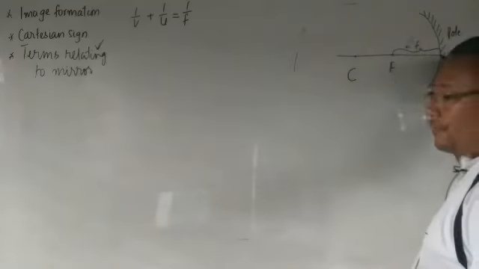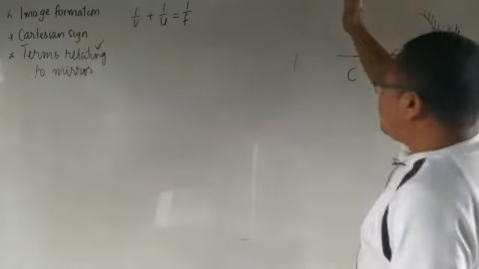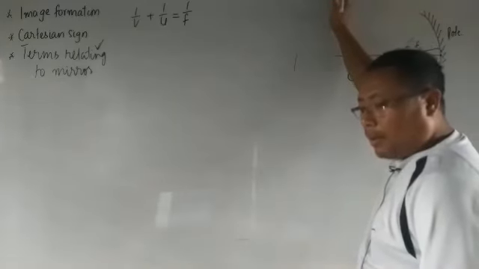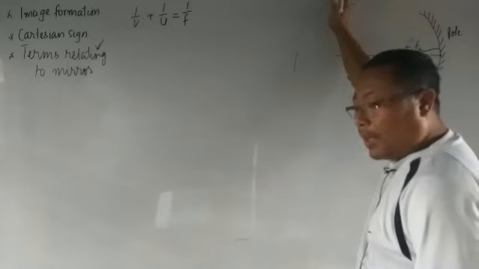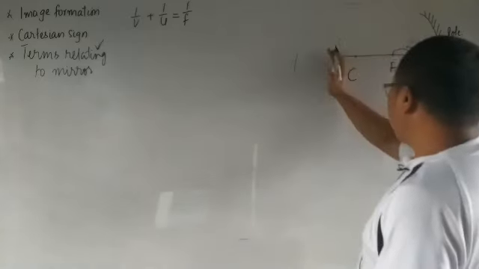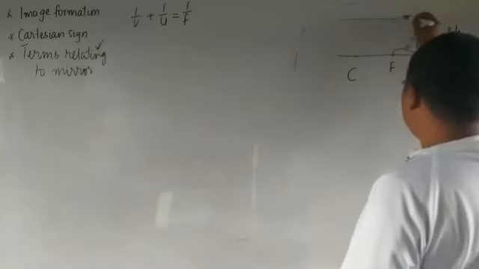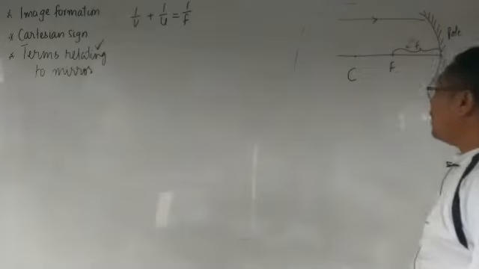Objects are always placed on the left-hand side of the mirror, and the ray comes this way. This is the direction of the ray.